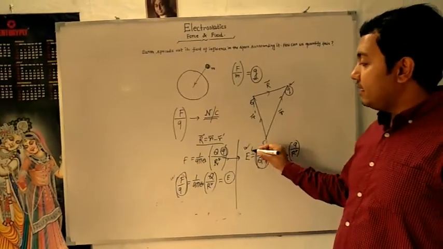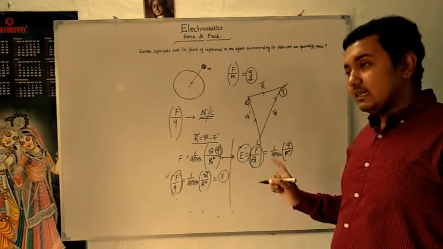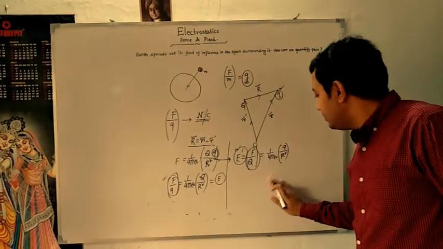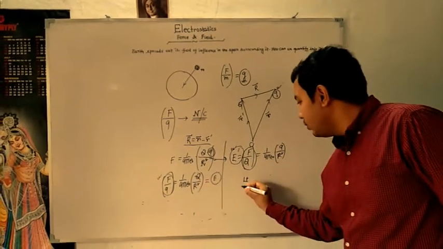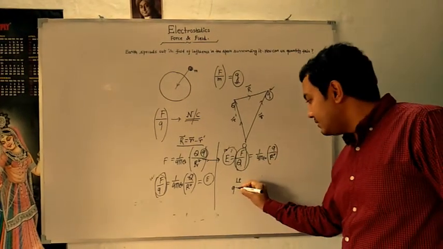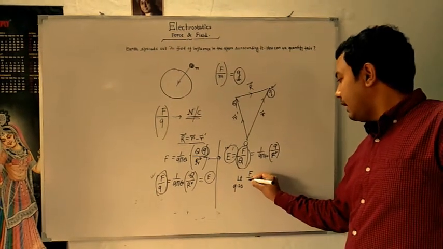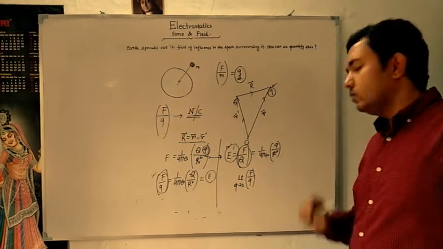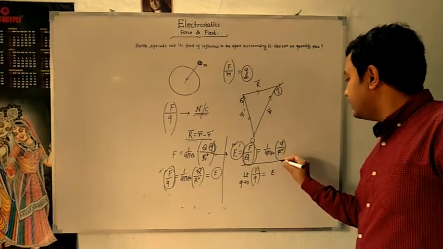Hence, we can neglect this field E dash with respect to E. Hence, there is a conception to take the limit of small q as small as possible, and we can express this as limit q tends to 0 F by q. This is the definition of electrostatic field.